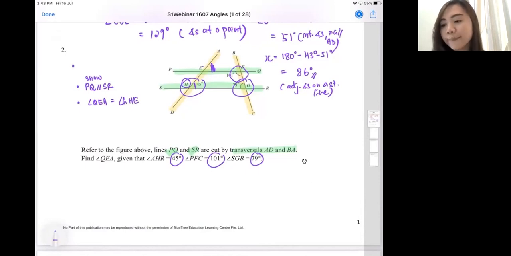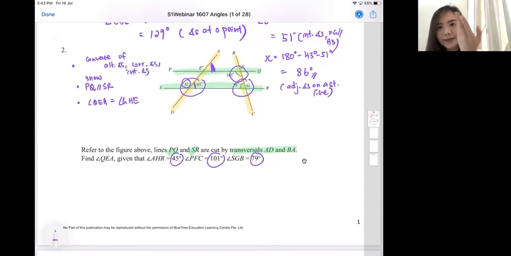Usually to show a pair of parallel lines, we use converse. We can choose one of these: converse of alternate angles, corresponding angles, or interior angles. So we need to go one step back and see which of these we can actually use over here.